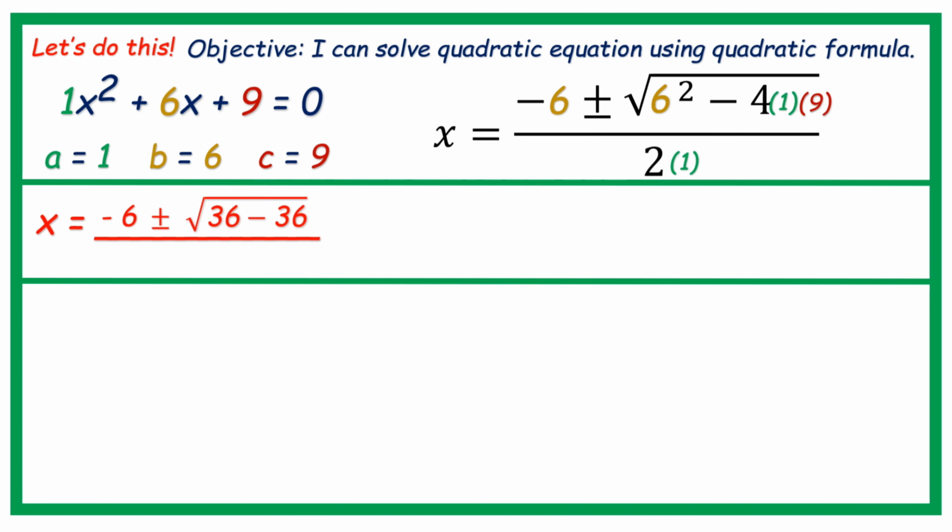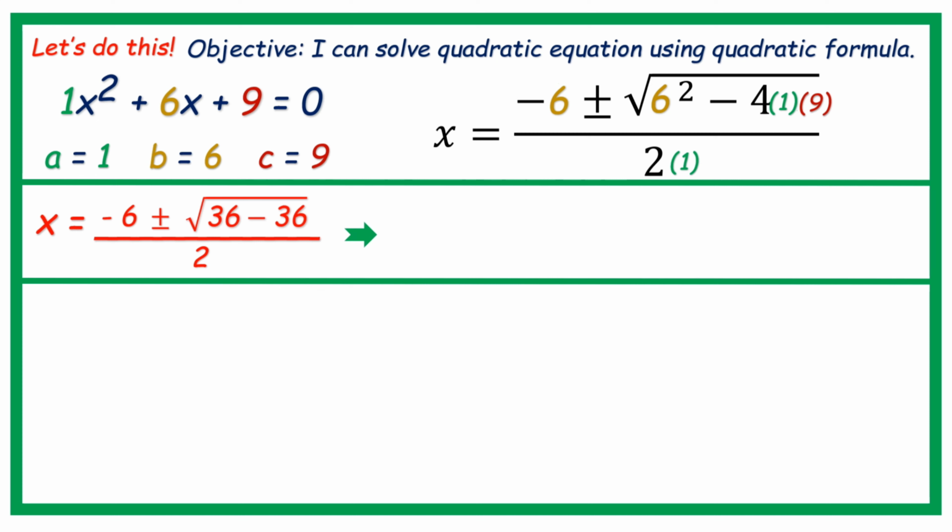Look at the quadratic formula. 6 raised to the second power, or 6 squared, is 6 times 6, which is 36. How about the other 36? The other 36 is 1 times 9, which is 9, times 4 is 36. Okay, hope you got it. Then 2 times 1, the answer is 2.